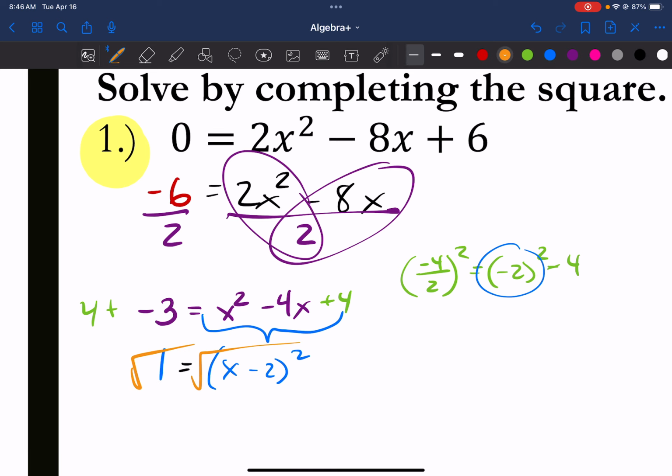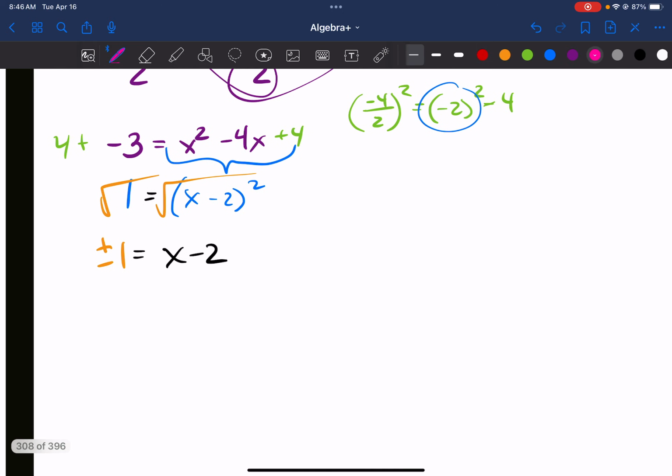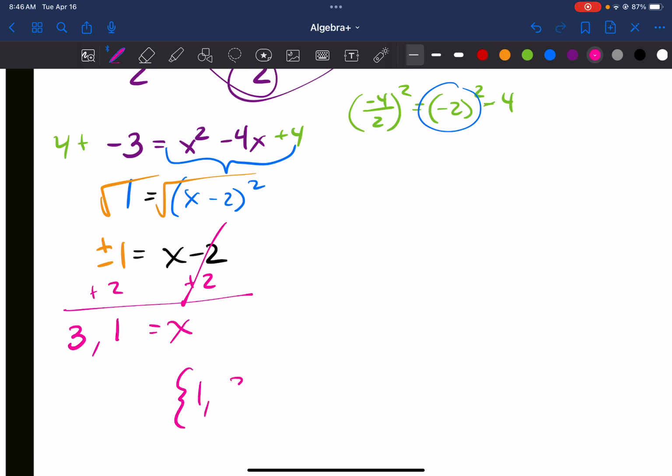Well, I can take the square root of 1, which is positive negative 1. And on the other side, I still have an x minus 2. I can add 2 to both sides. And over here, I find out that positive 1 plus 2 is 3, and negative 1 plus 2 is 1. So my answers are 1 and 3 for my solutions.